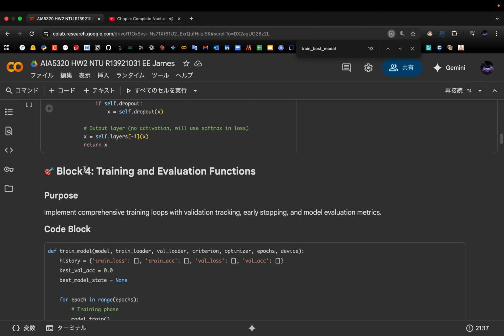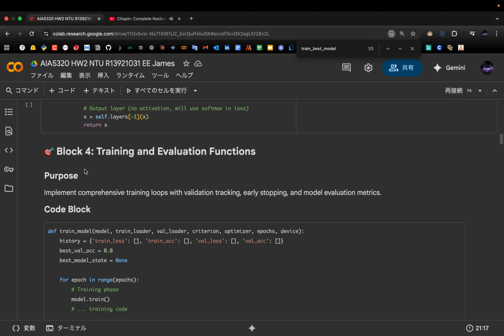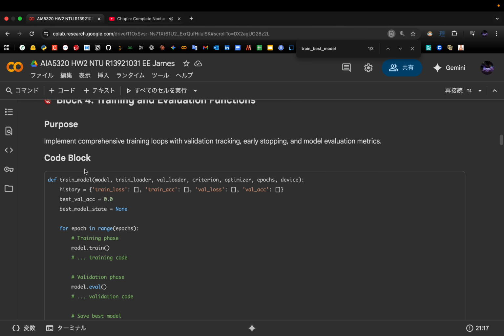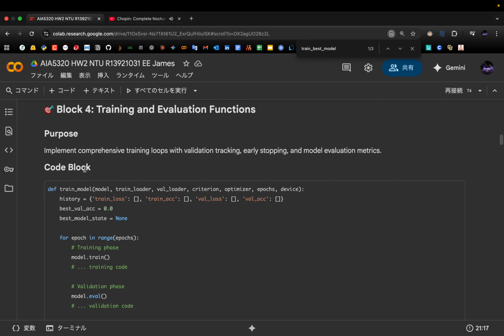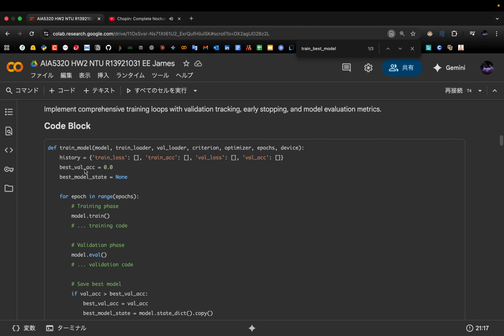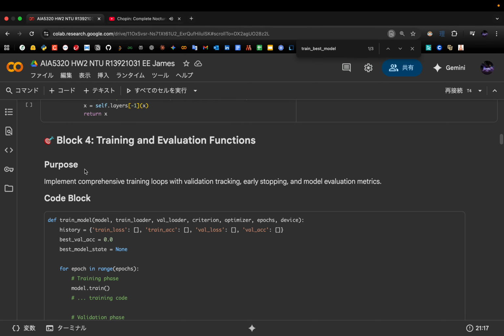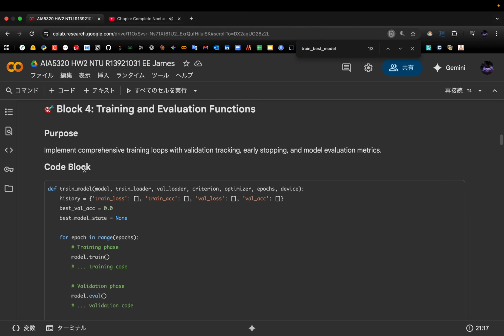Okay, so the training and evaluation just include a forward pass, loss calculation, and after calculating the loss, backpropagating the loss to update the weights in the neurons. And we also save the best model in terms of the highest validation accuracy.